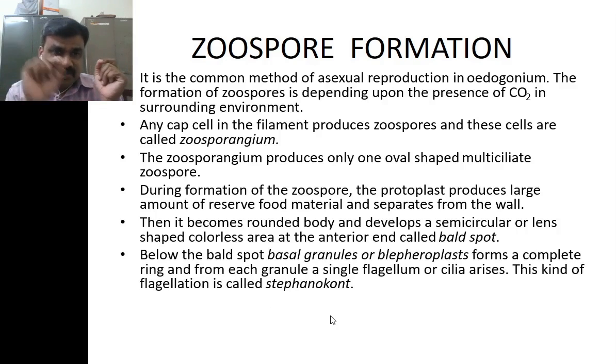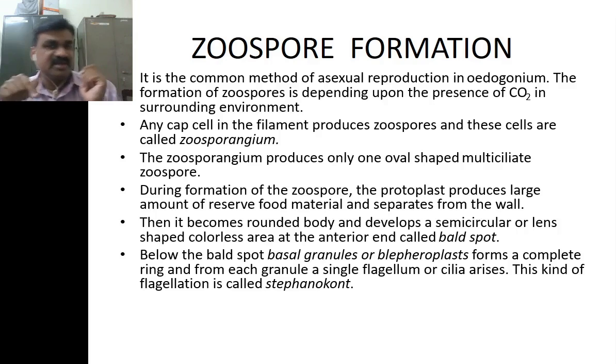Then below the bald spot, the basal granules of the blepharoplast form and they are arranged in a complete ring-like manner around the bald spot, which is a colorless area at the anterior portion.